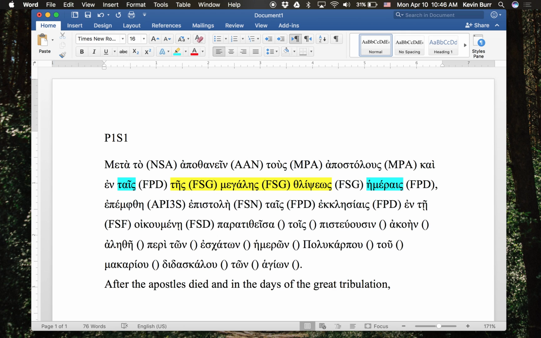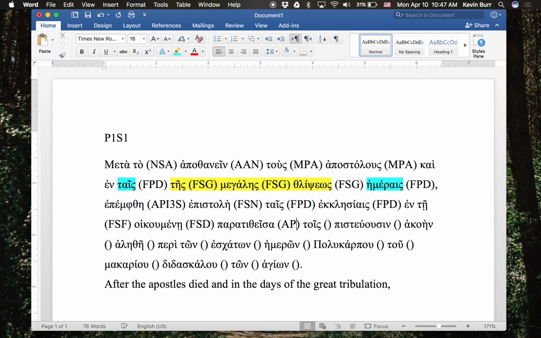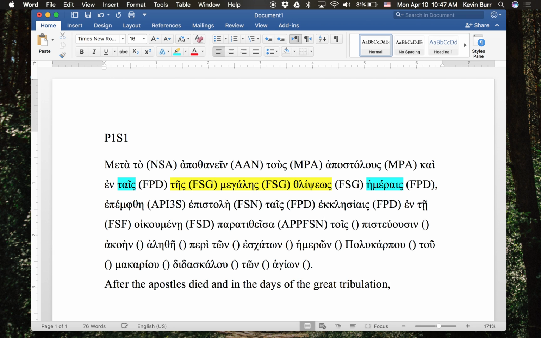Parathetheisa tois pisteuousin. Okay, so parathetheisa is a verb form we have learned just this chapter. It's from paratithemi, which means I place before. Even if you did not remember what paratithemi means, you do recognize this ending here, theisa, as aorist passive participle feminine singular nominative.